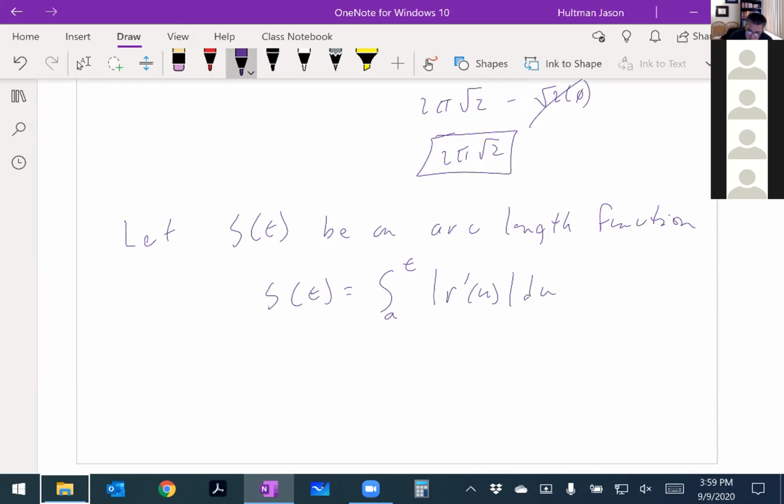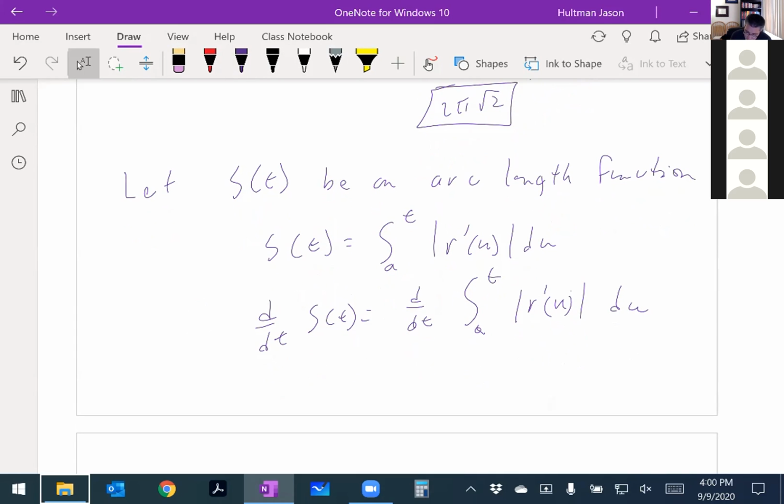Okay, and so what we can say here is that ds dt. We took the derivative with respect to t, of s of t, which is equal to the derivative with respect to t of the integral from a to t of the magnitude of r prime of u du.